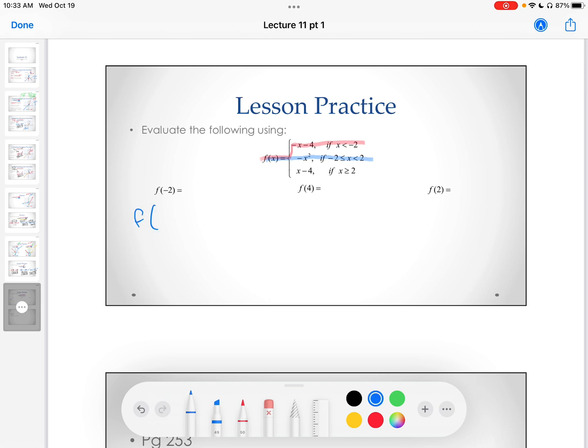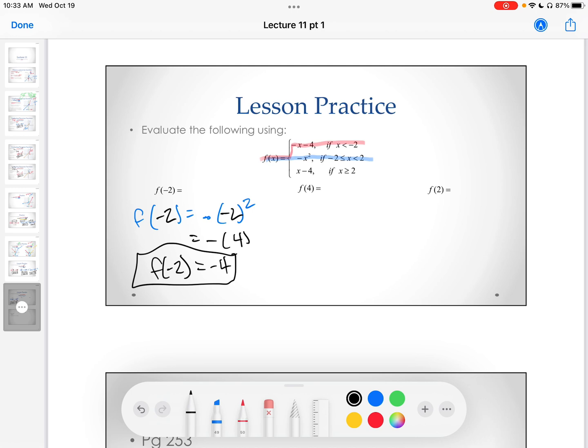So f of -2 equals the negative of -2 squared. Notice that negative is on the outside there. So I'm going to plug in my -2. -2 squared gives me 4. That negative is still on the outside. So f of -2 is -4.